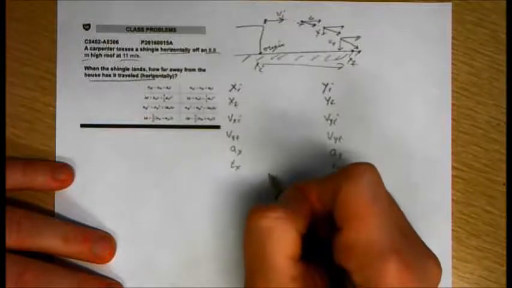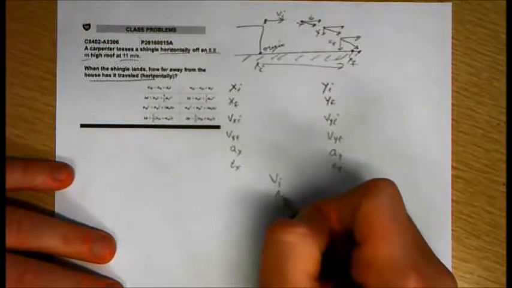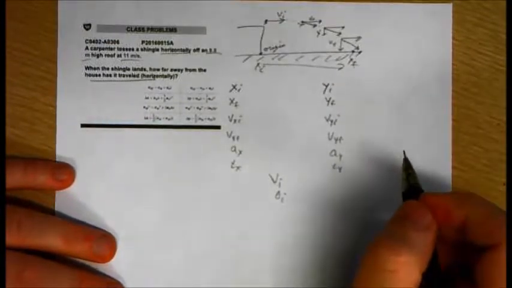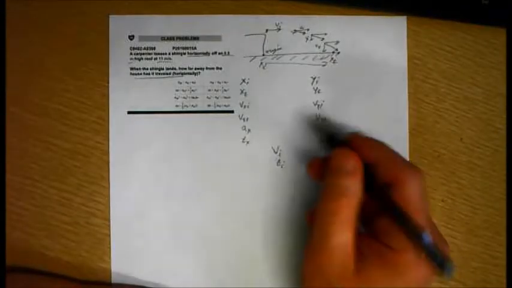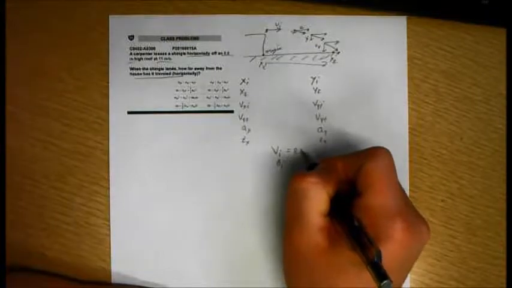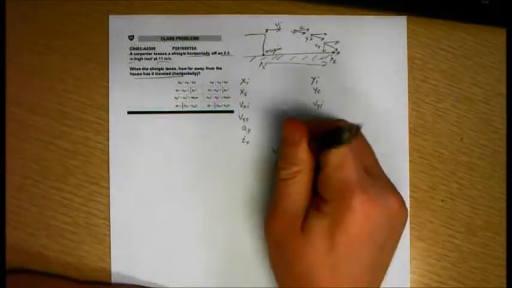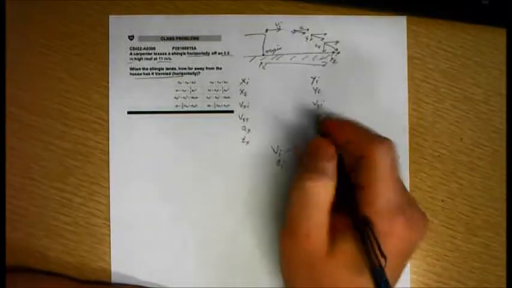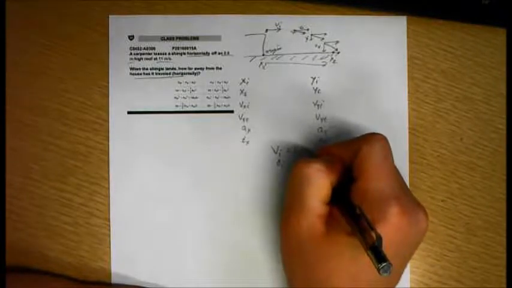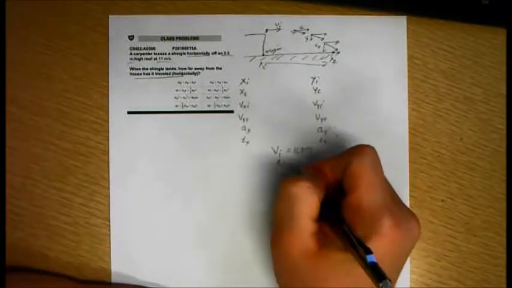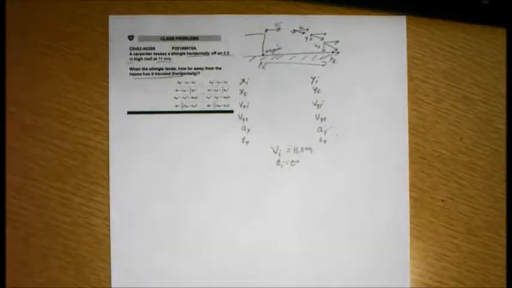And then we also have this total V initial and the angle of the launch. So the initial velocity is 11 meters per second. And the launch angle is 0 degrees because it's launched horizontally.